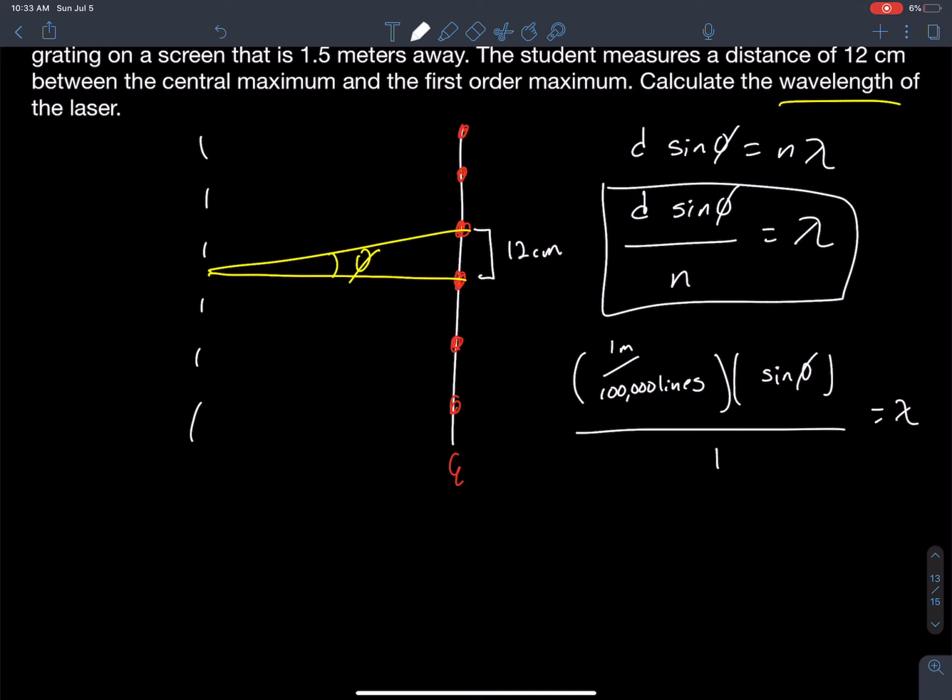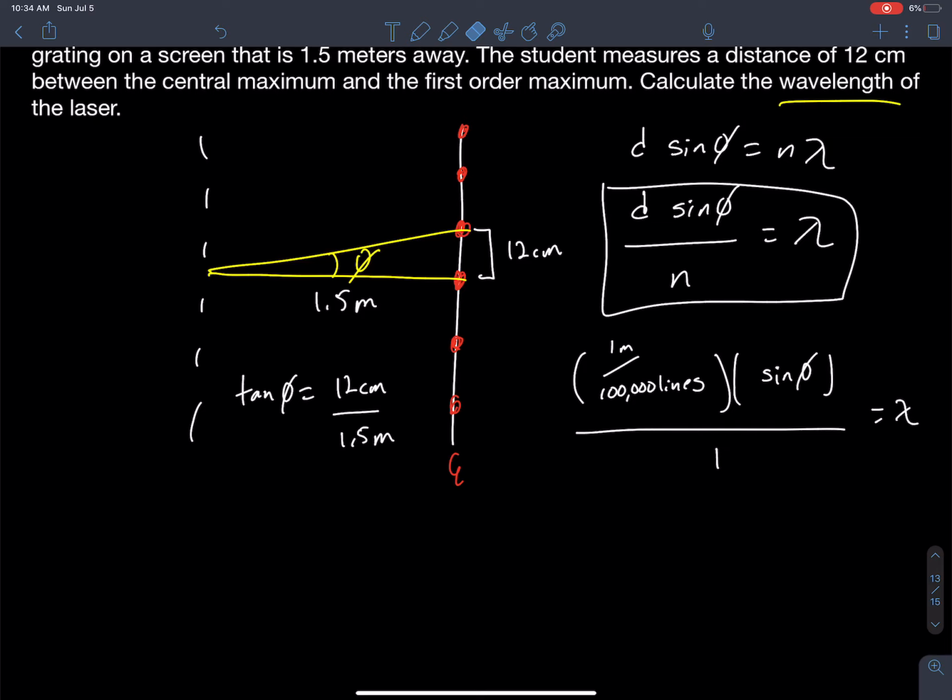So what is theta? What is sine theta? So how do we have that? That's 12 centimeters, and remember that it's 1.5 meters away. So we have everything to be able to solve for theta. Again, tan theta is equal to 12 centimeters divided by 1.5 meters.